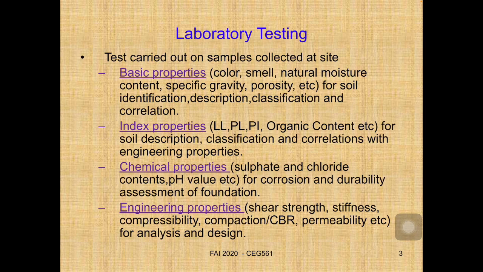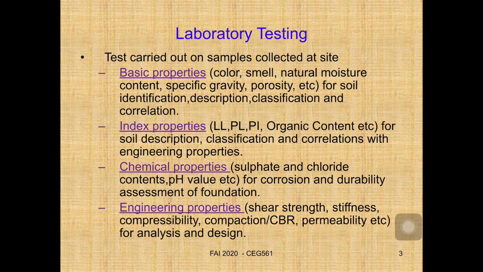And then in terms of chemical properties, it's also important, because if the soil contains chemicals such as sulfur or chloride, there is a possibility of corrosion occurring. Sometimes we need to install piles, steel piles or concrete piles.